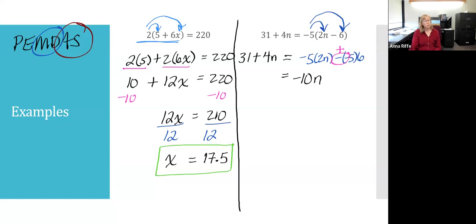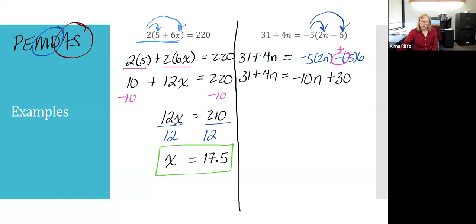You can also check that in your calculator. -5 becomes a plus. 5 times 6 is 30, so this becomes plus 30 is equal to 31 plus 4n. Okay, so we have taken care of our parentheses. That is typically a good place to start, is to simplify one side or the other by multiplying to eliminate the parentheses.